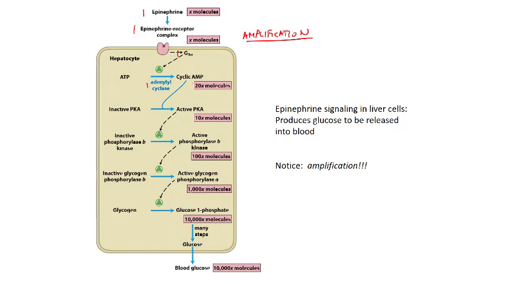However, notice this. Adenylyl cyclase is an enzyme, and enzymes can turn over or catalyze reactions multiple times while they're activated.